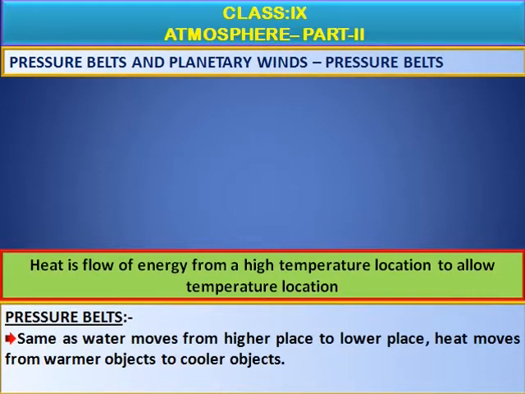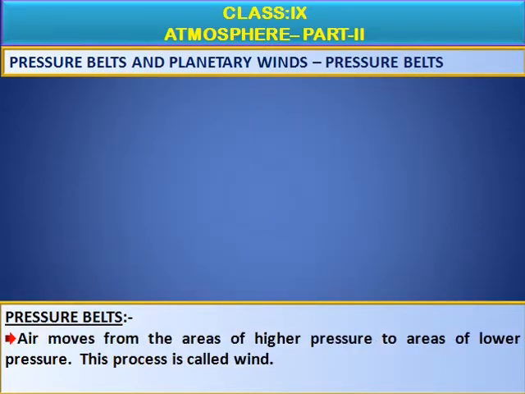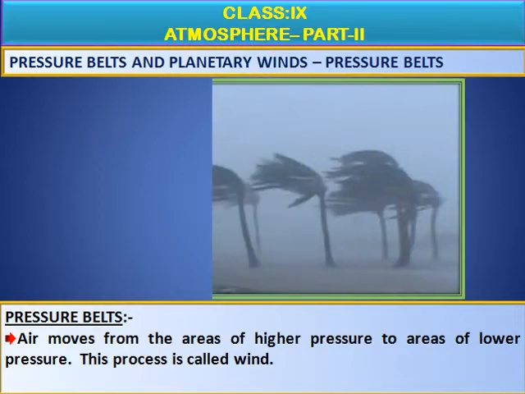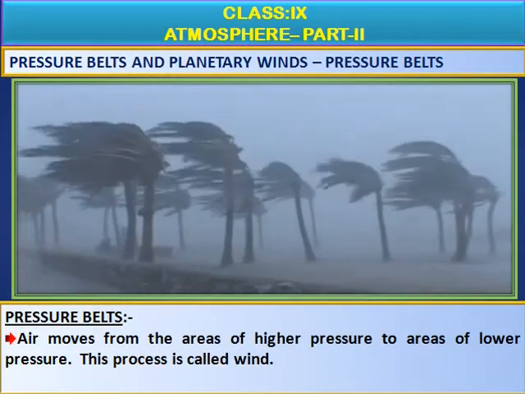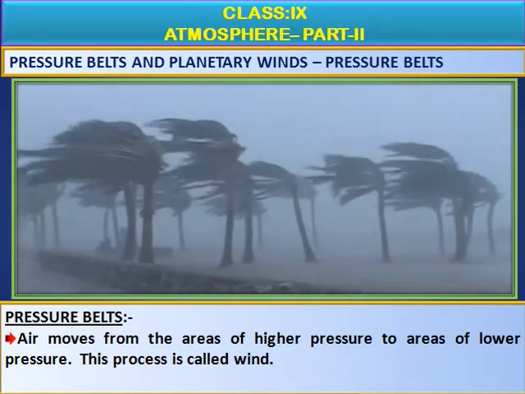Same as water moves from higher place to lower place, heat moves from warmer objects to cooler objects. We see according to this example. Heat is flow of energy from a high temperature location to a low temperature location. Air moves from the areas of higher pressure to areas of lower pressure. This process is called wind.